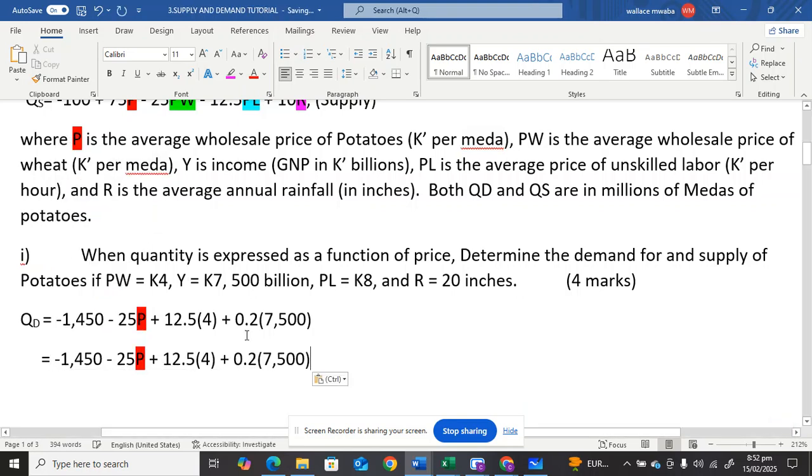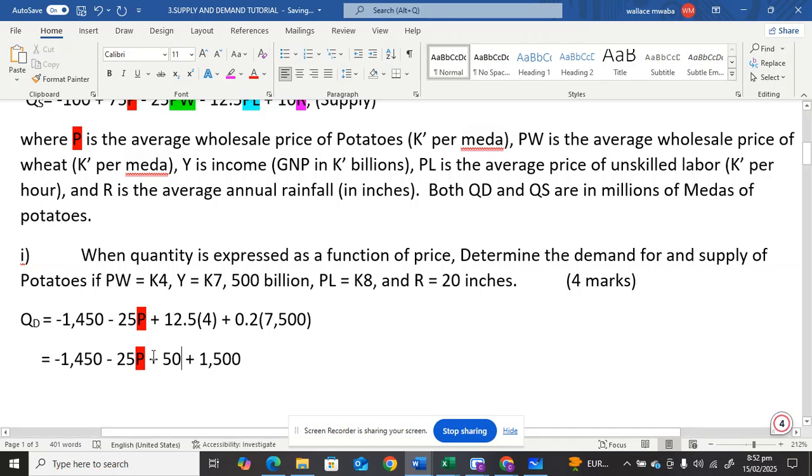Have we substituted 0.2 times 7,500? That is 1,500. 12.5 times 4 is 50.